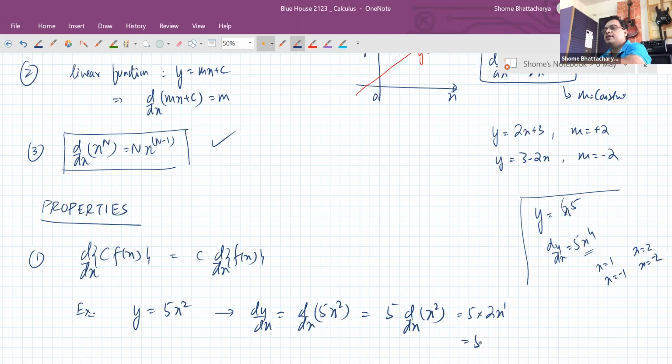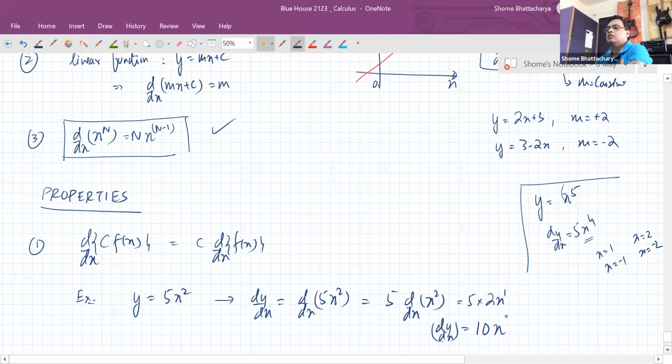The differentiation of x square is 2x, so the differentiation of 5 times x square becomes 5 times 2x, which is 10x. So this is this formula.